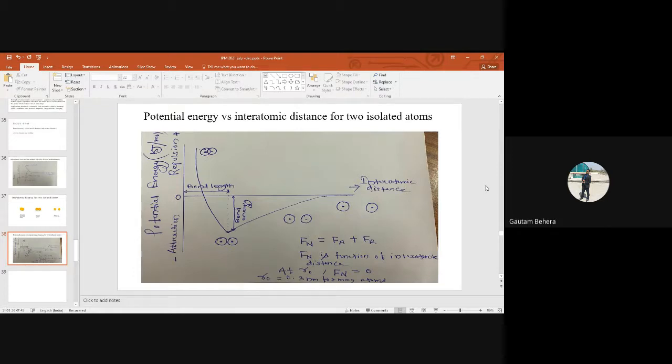So the higher the bond energy or the higher the bond strength, the material has a high melting point, high boiling point, right? Similarly, if the material has a high melting point and high boiling point, it also has high stiffness.